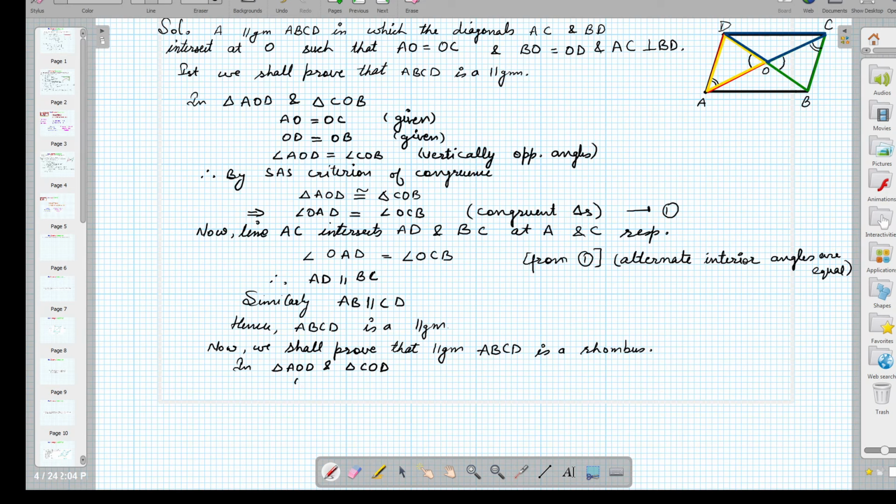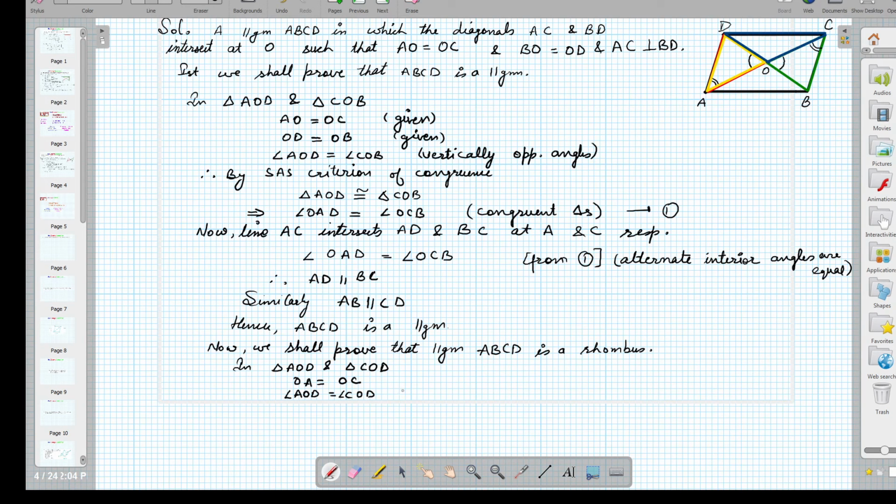So what is given? The diagonals are equal. Simple. We can write AO is equal to OC. तो diagonal equal हो गए यहाँ पर। उसके बाद angle AOD is a right angle and COD is also a right angle because it is given.